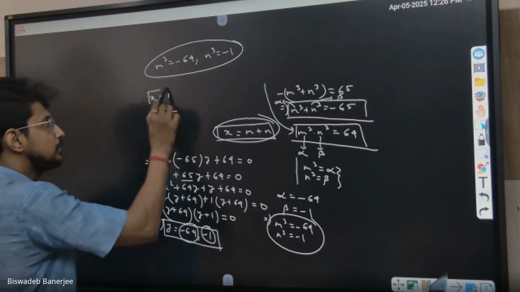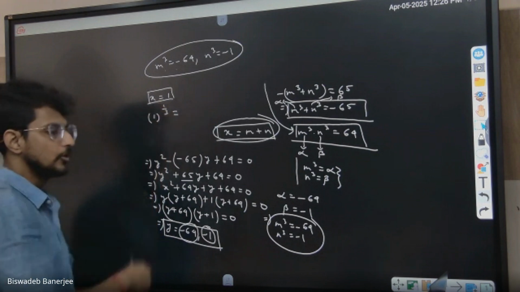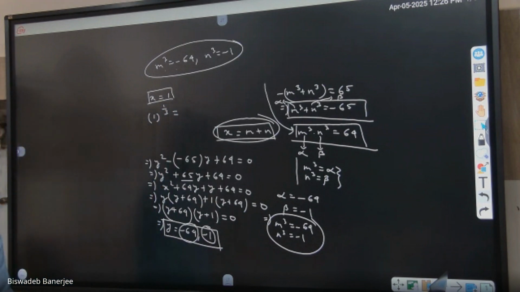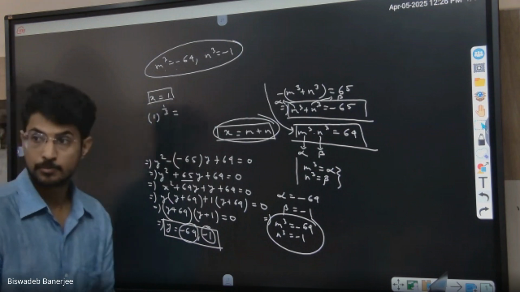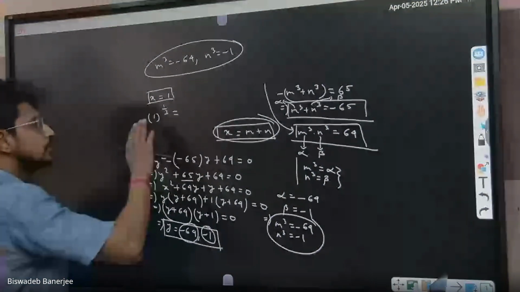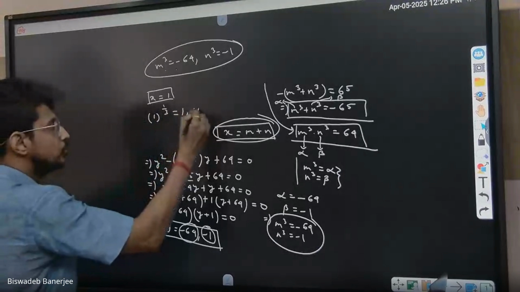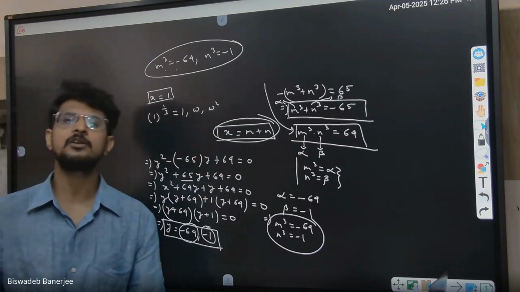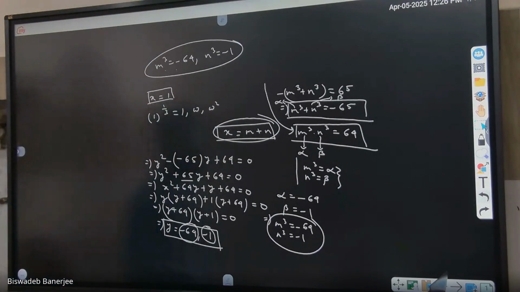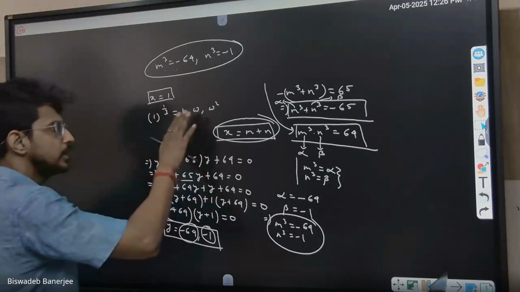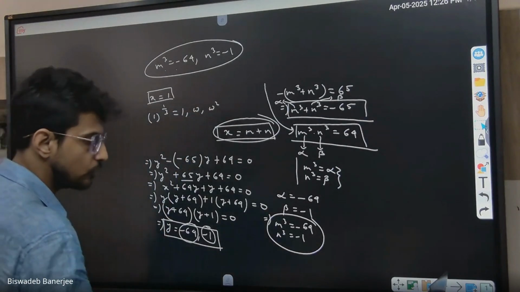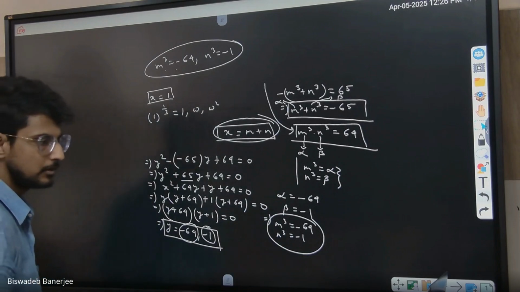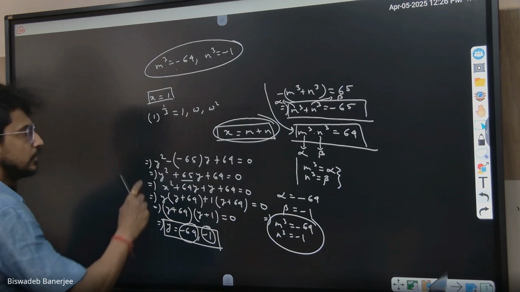We know this theory from complex numbers. The result is that the cube roots of 1 are 1, omega, omega square. It is always true: 1, omega and omega square. So these are called the cube roots of 1.